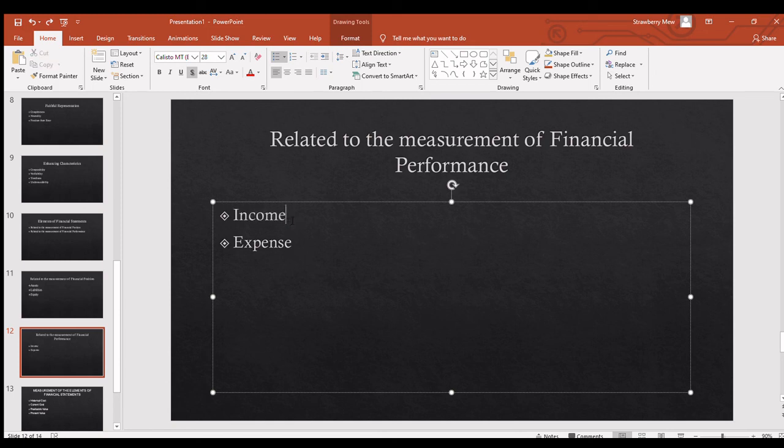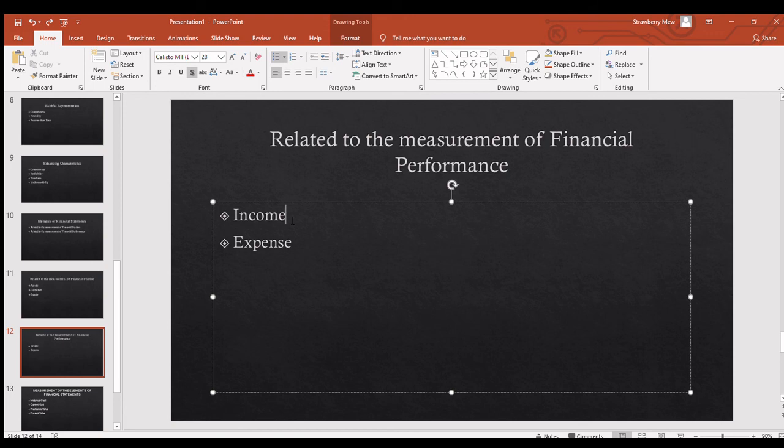Okay, so yung income, this includes yung mga revenue at mga gains. Okay, yung revenue is yung income natin na nanggaling sa ordinary course of the business. So ito yung mga ordinary na ginagawa ng business.